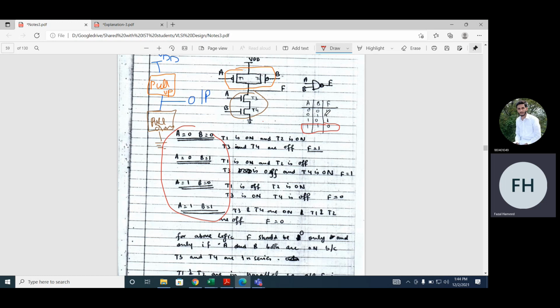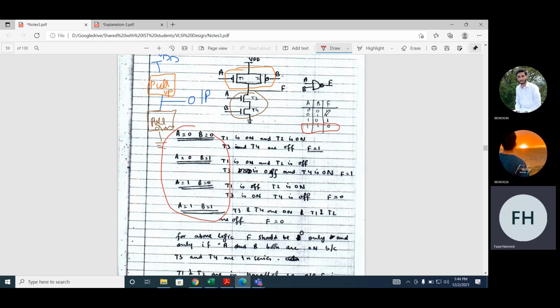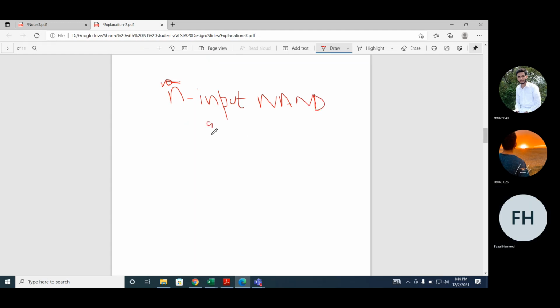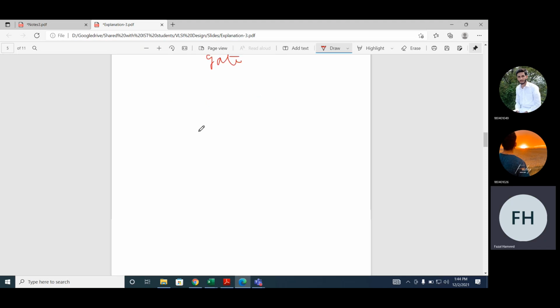Now let's assume we want to implement a 4-input NAND gate instead of a 2-input one. What do we have to do? 4 transistors in parallel in the pull-up network and 4 in series in the pull-down. So if we want to implement an N-input NAND gate, what do we have to do?